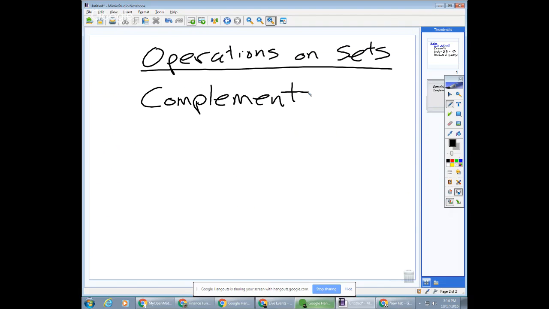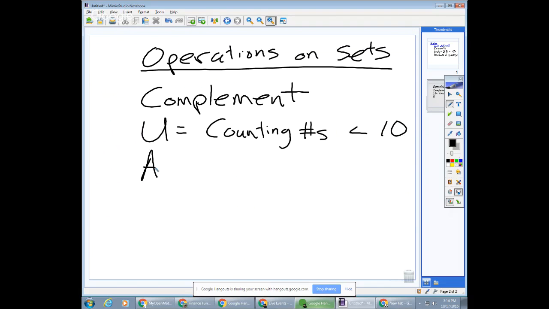So for example, if my universe was counting numbers that are less than 10, and I let set A be, let's say, the even numbers in there, I would denote the complement of A with a bar over it.